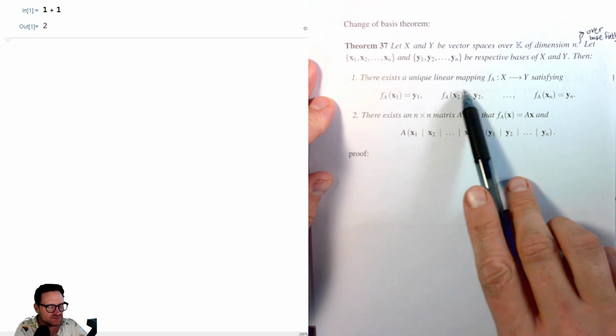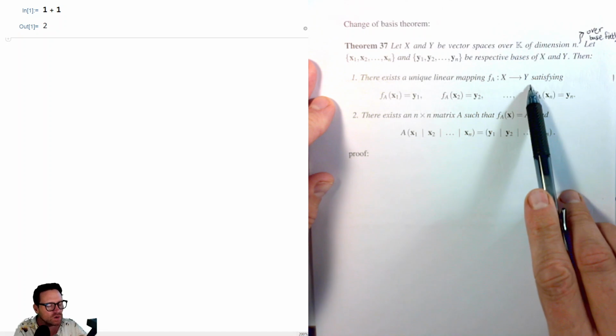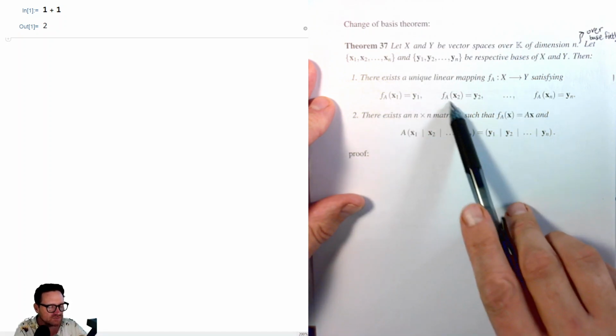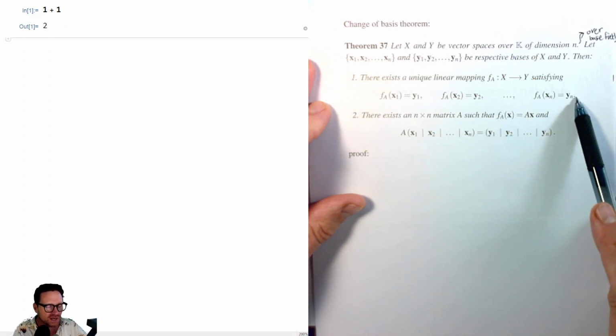Then there exists a unique linear mapping f subscript A sending X to Y satisfying f_A x1 is y1, f_A x2 is y2, and so on, f_A xn is yn.